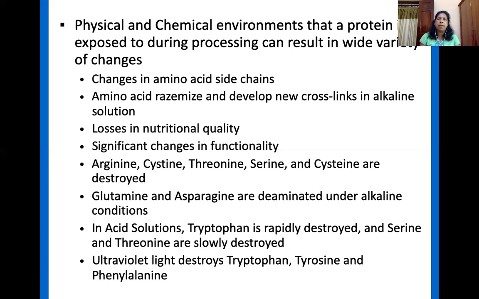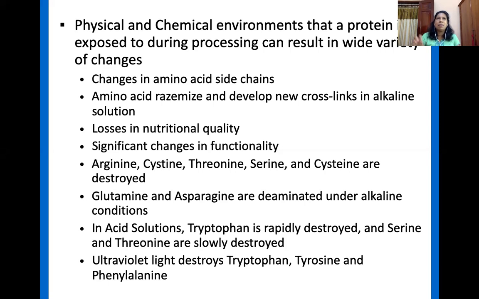Amino acid racemization and the development of new crosslinks can happen in alkaline solution, because in alkaline solution new crosslinks can form. That is why high pH and low pH are mentioned; high pH means a very basic situation.